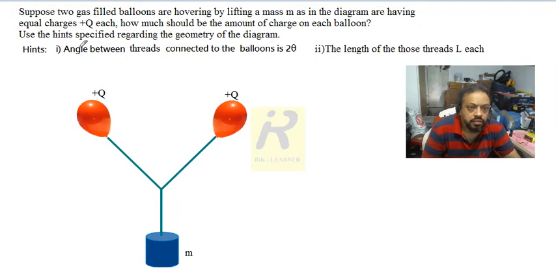The hints are: the angle between the threads connected to the balloons is 2 theta, and the length of those threads is L each.